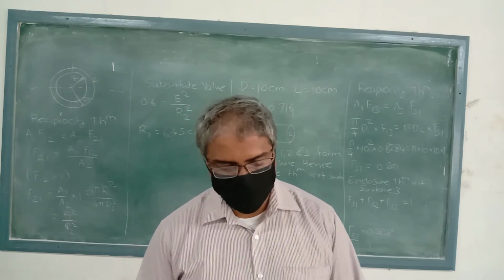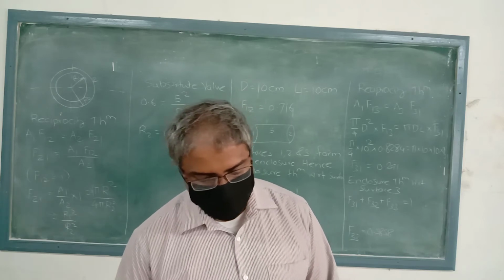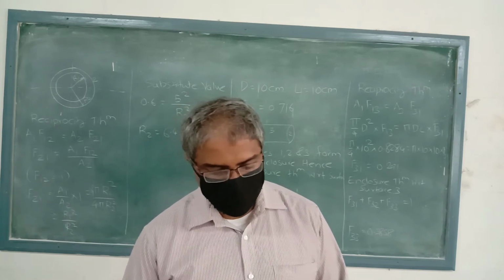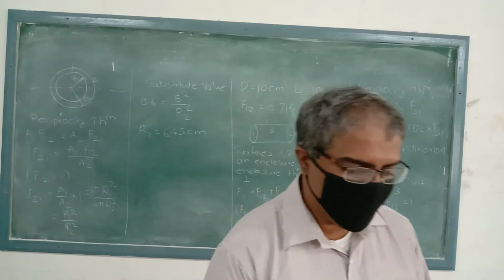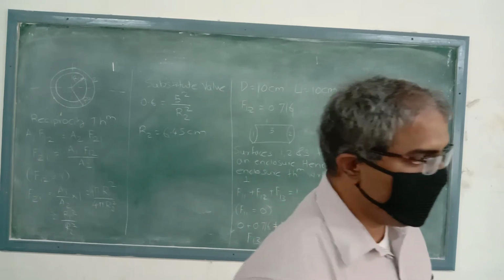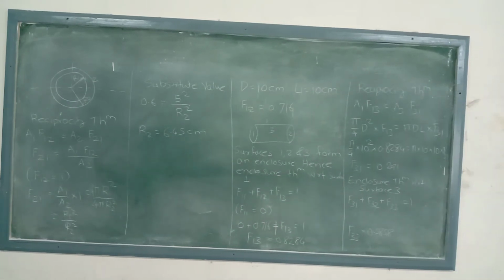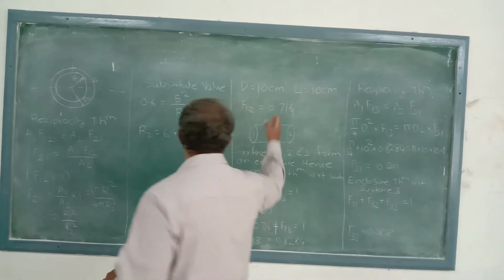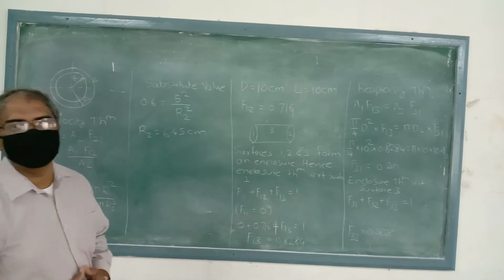What is the shape factor of the curved surface of the cylinder with respect to itself? Now, in this numerical, they have mentioned the diameter 10 centimeter. They have given the length of 10 centimeter.